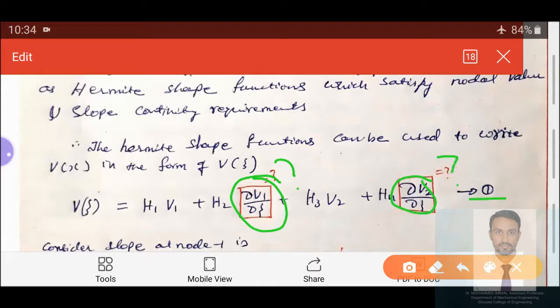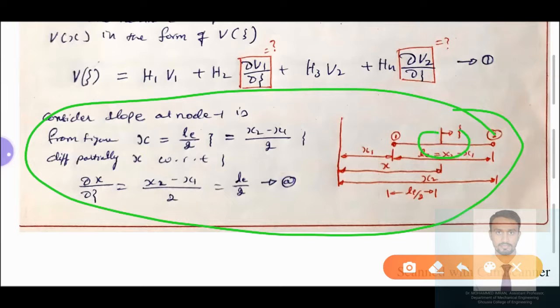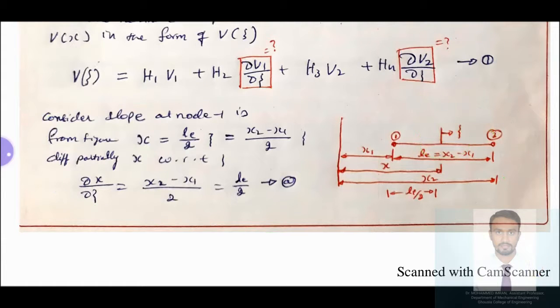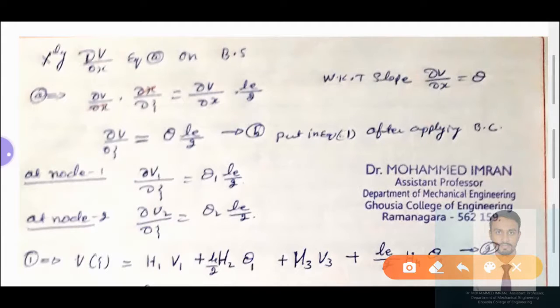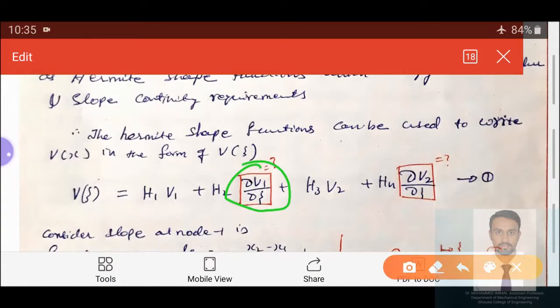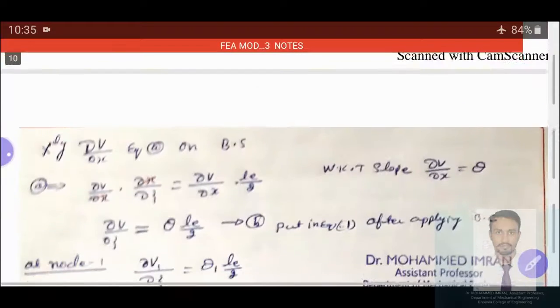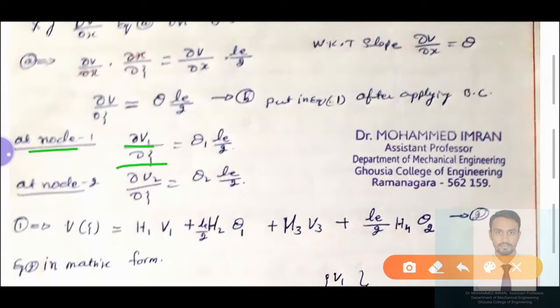To find out these values, we did this exercise. We have converted this beam element from the global to the natural coordinate system, and then we found that value from global to natural coordinate value. What we have to find out from equation number 1 is dou v1 by dou zeta. At node number 1, dou v1 by dou zeta is equal to theta1 Le by 2; this v becomes v1, and Le by 2 remains the same.